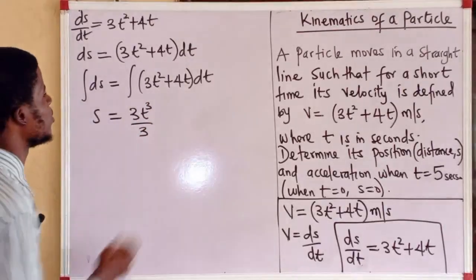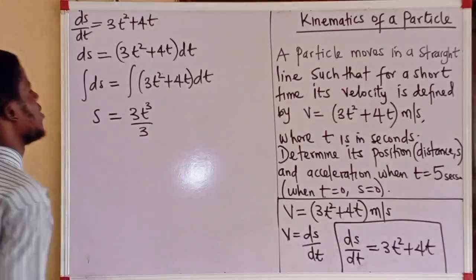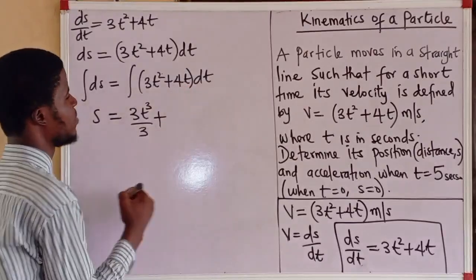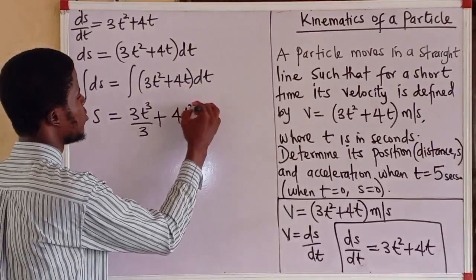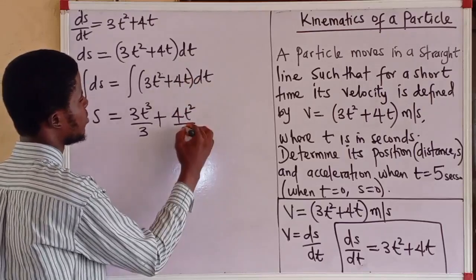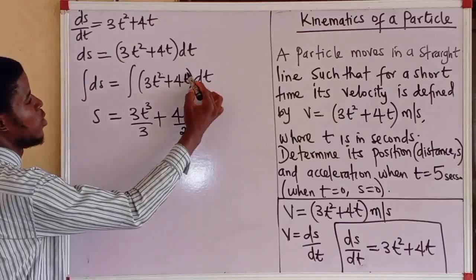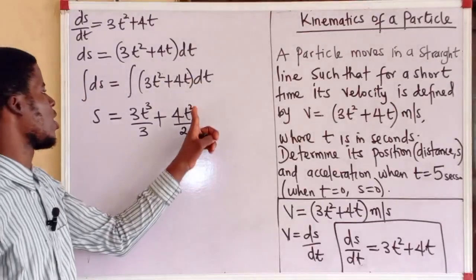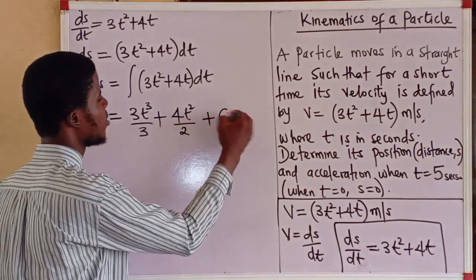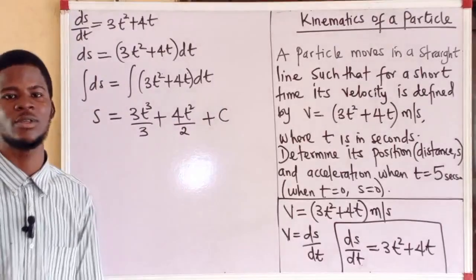The rule of integration: add 1 to the power and divide by the new power. Plus integrate 4t with respect to t. That's 4t squared all over 2. The power of t here is 1, so 1 plus 1 is 2, and then we divide by the 2. So we add a constant to it, the constant of integration.